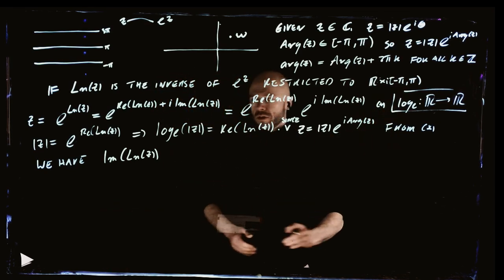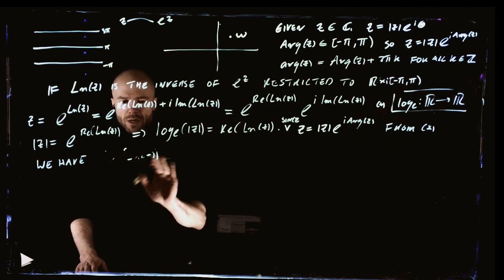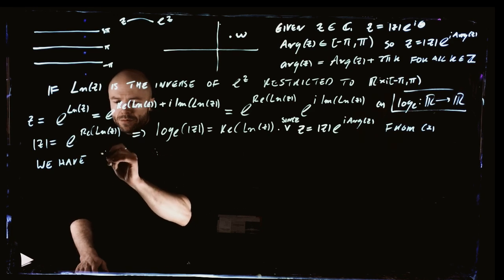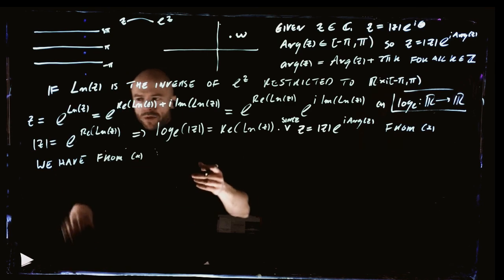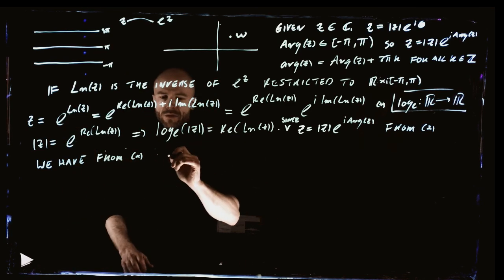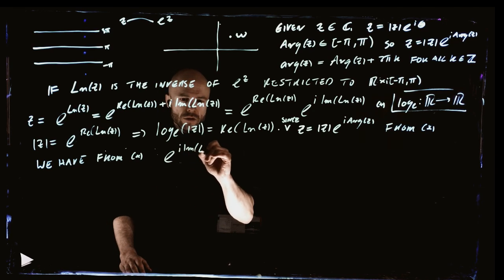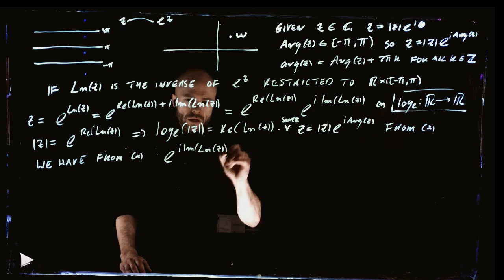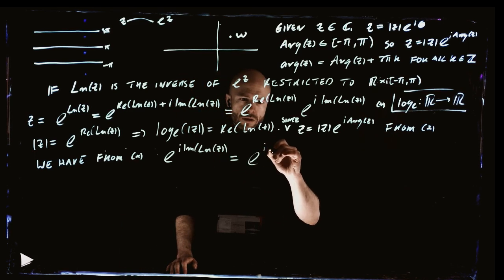Because actually, let me just write it out in steps. So we have from star and the fact we've just found out that mod z has to be this thing, we have that e to the i times the imaginary part of this thing has to be equal to e to the i arg z.